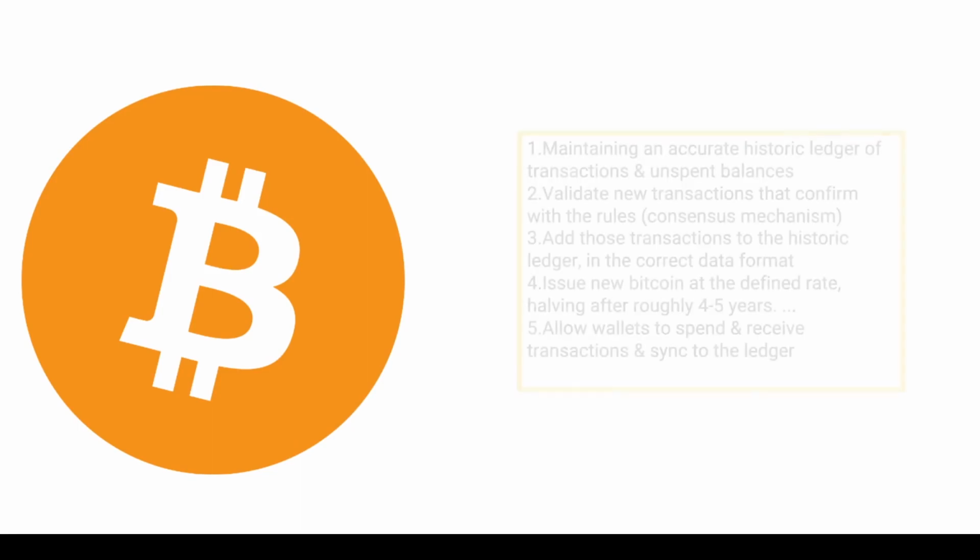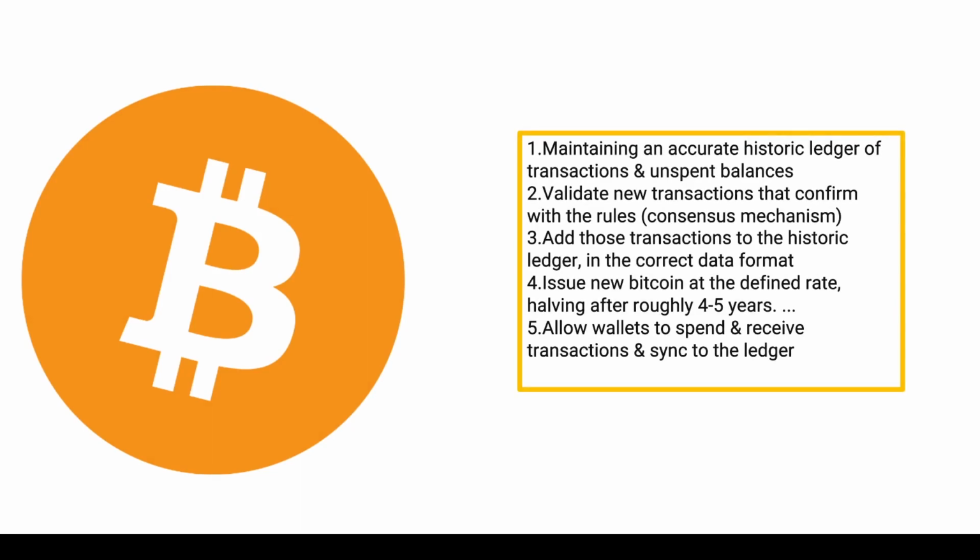So for example, let's take the Bitcoin network. The functions we have on Bitcoin's blockchain are maintaining an accurate historic ledger of transactions, validating new transactions, adding those transactions to the historic ledger, issuing new bitcoins, and allowing wallets to spend and receive transactions.